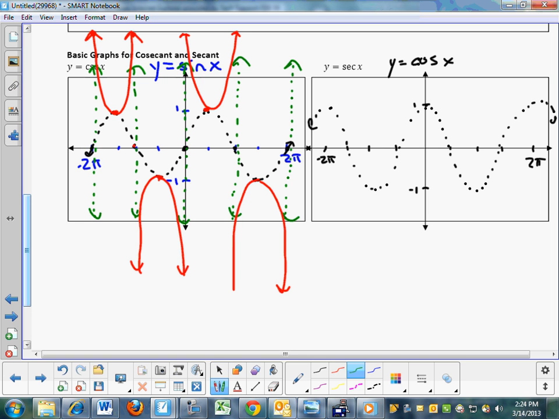Boom. All right, so what do I draw next? The lines. And the lines go right through where cosine is equal to 0. We just look at the graph, see where it crosses, and we draw our vertical asymptotes. I have really nice lines. I hope you have nice lines too.